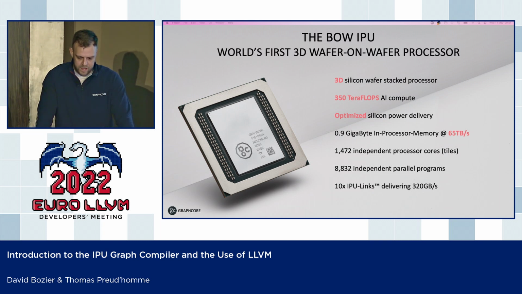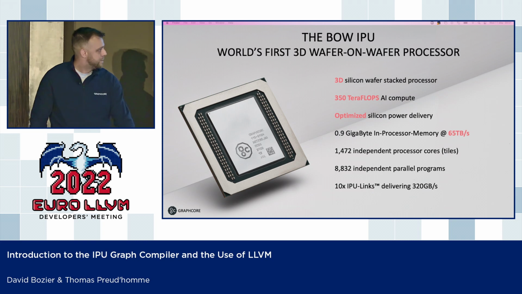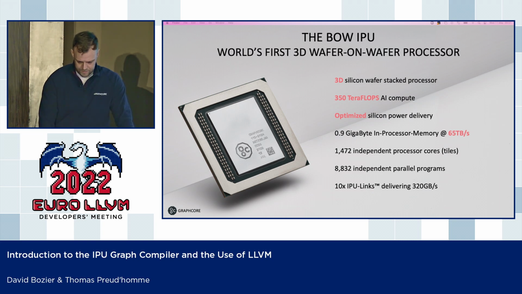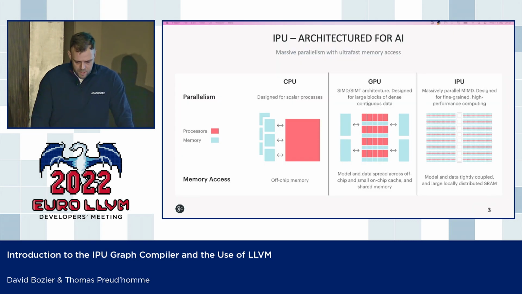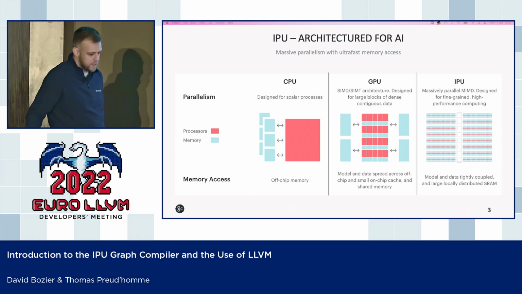And there's 6 threads per core, allowing a total of 8,832 independent parallel programs. We can also connect 10 of these together. So yeah, we can see how our IPU architecture differs from traditional CPU or GPU architectures here.